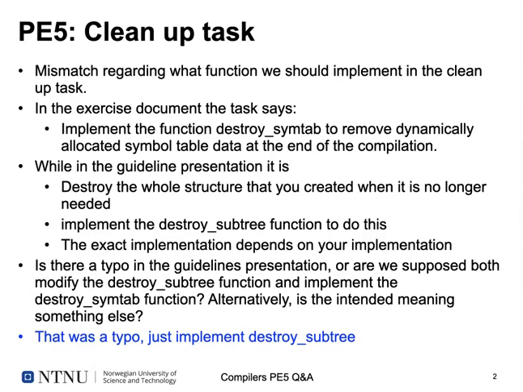What the guideline means is that the destroy subtree function should be modified. That was exactly what was meant. So destroy subtree should be used to recursively remove all the memory parts that were not needed. So that was just a simple, stupid typo.